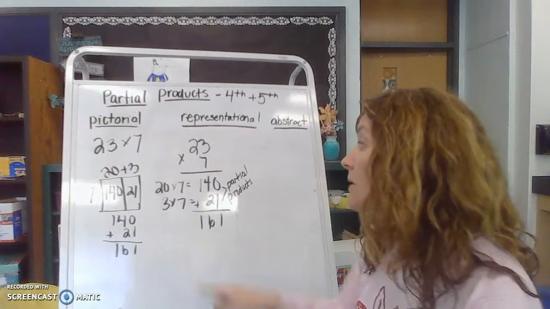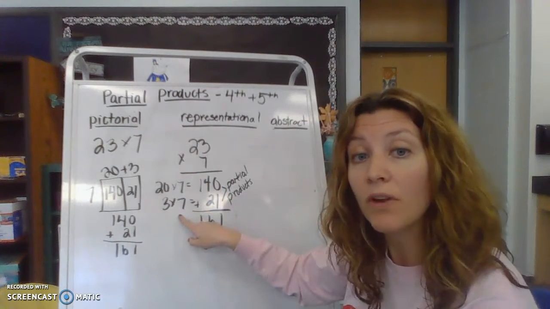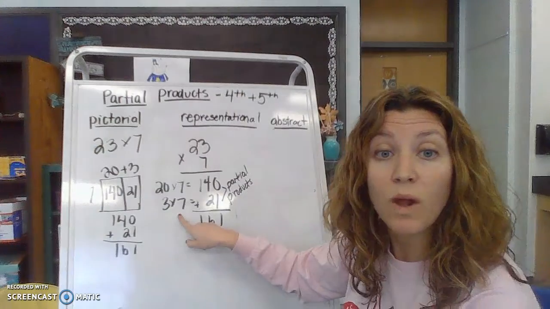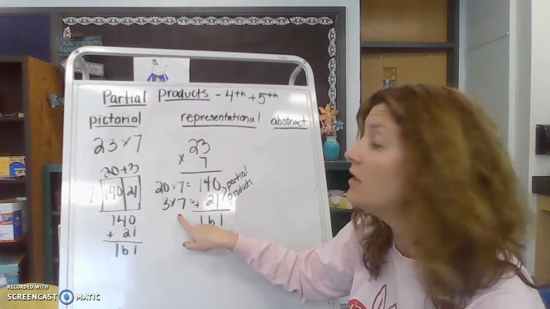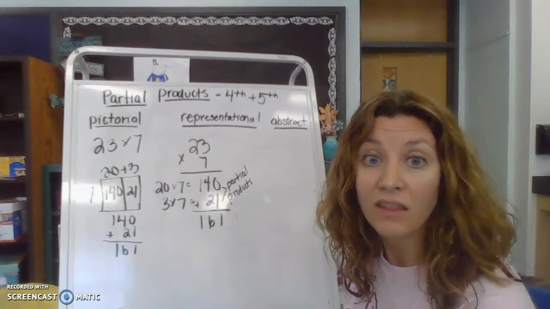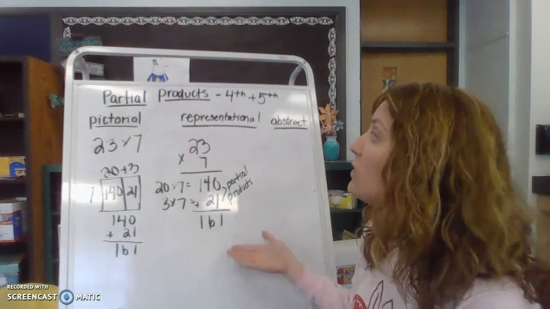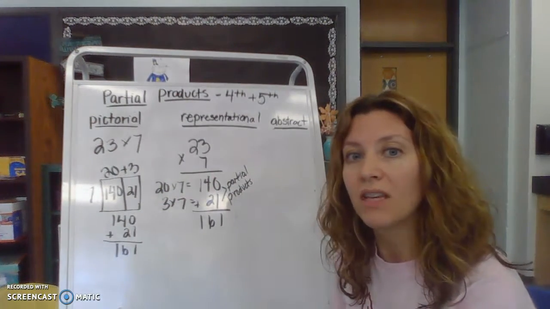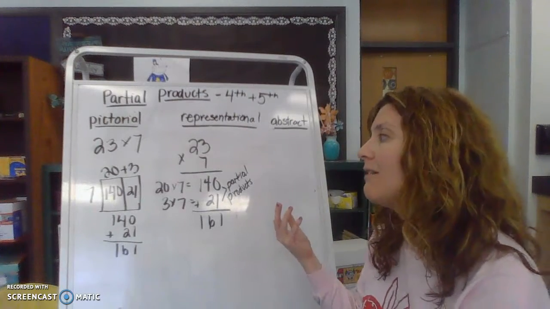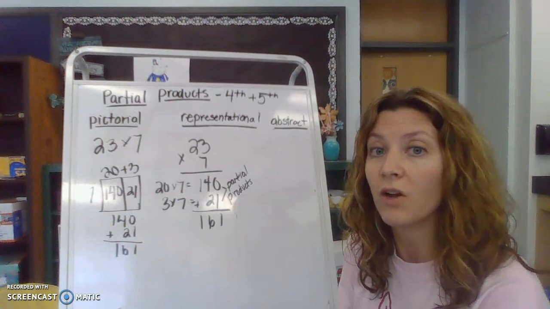Sometimes it's really helpful to have students write out the partial products and what they're multiplying. Some students, once they get faster and more efficient, will skip that step and go right to just writing the partial product answers. A lot of times students will use this method when they're solving things mentally because they can easily multiply factors by tens, and partial products allows you to do that very quickly.